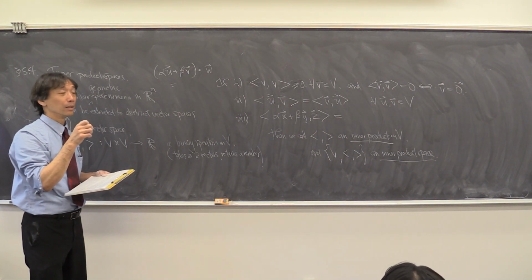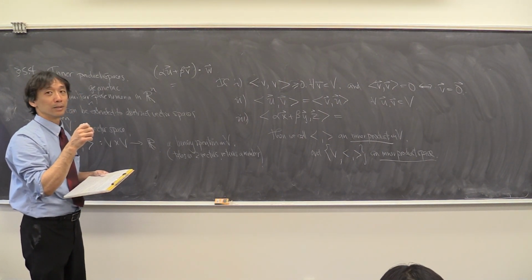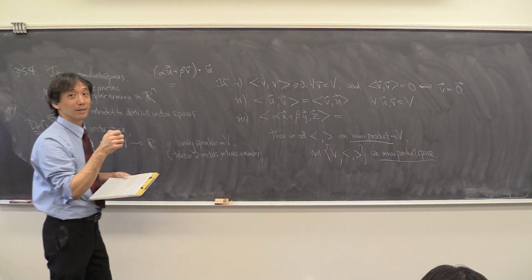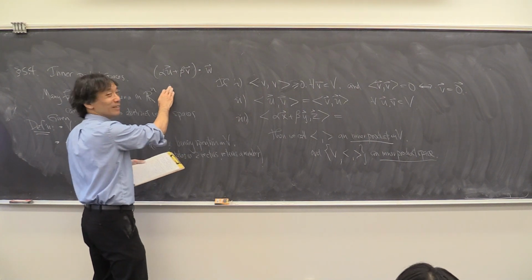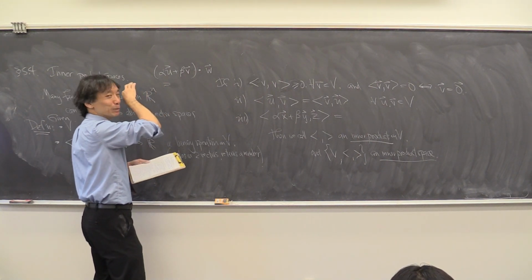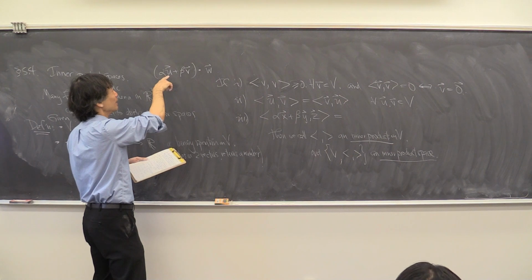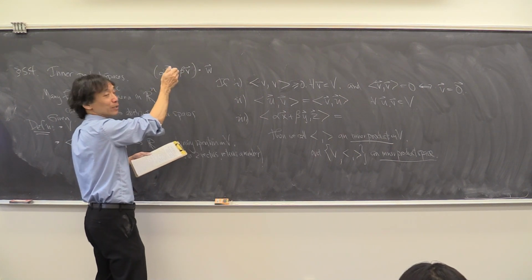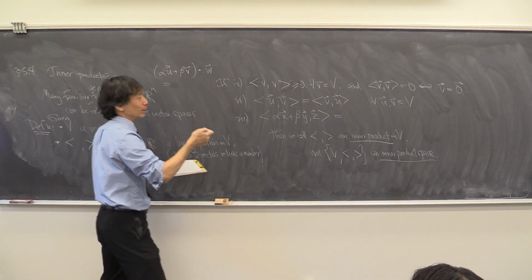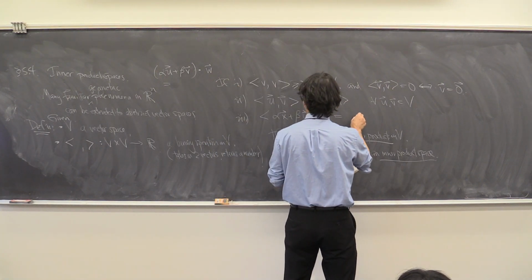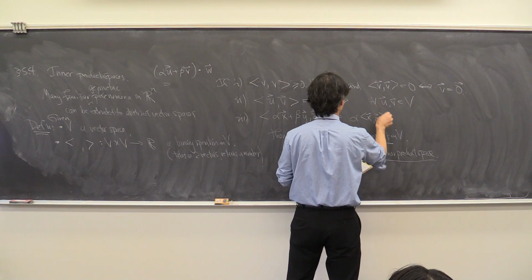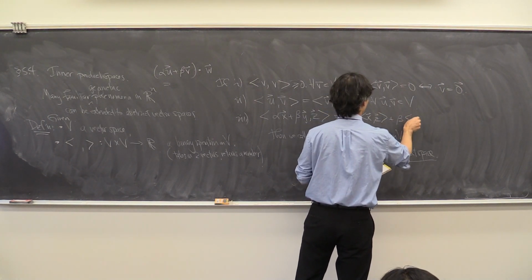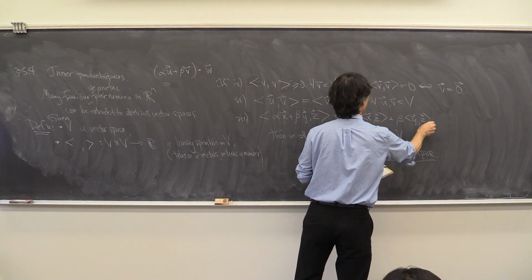It's basically going to distribute. So you get alpha times x against z, and beta y against z.